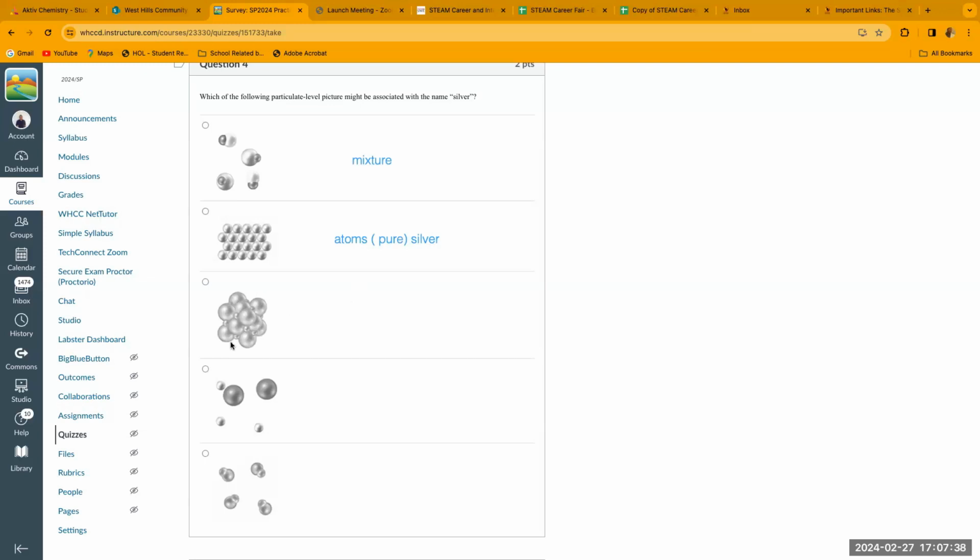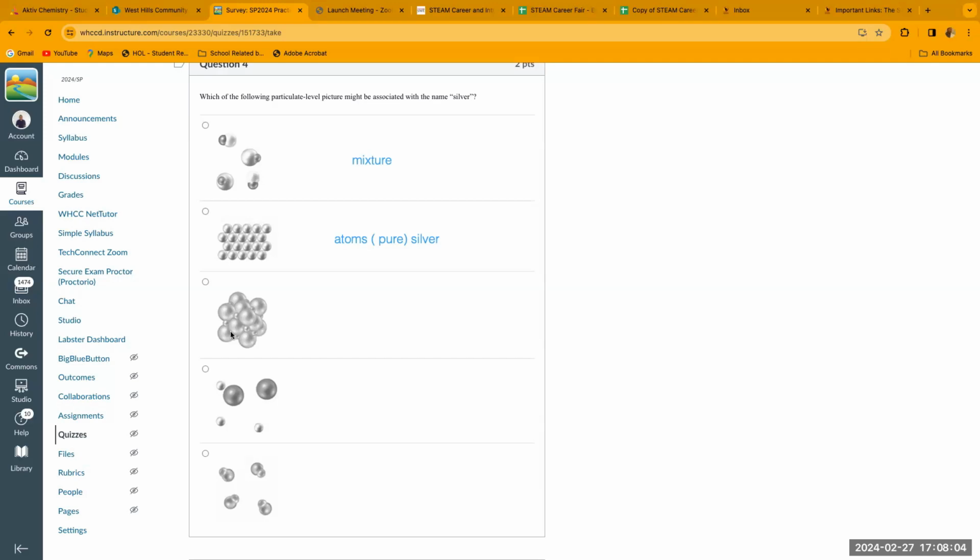Okay, so why wouldn't this be silver? It would be a solid. This one up here is probably a gaseous mixture. But C, why wouldn't it be? Are all of the balls exactly the same here?